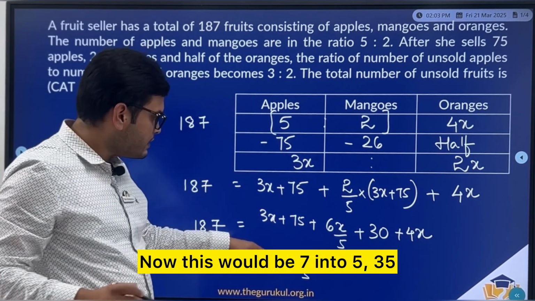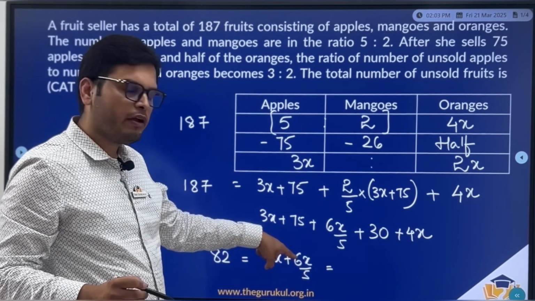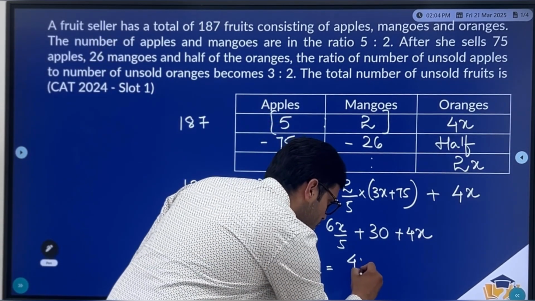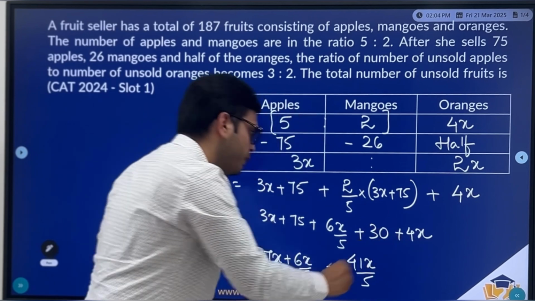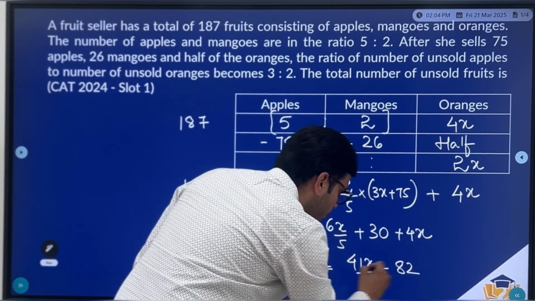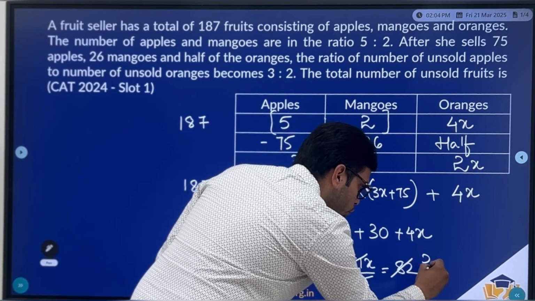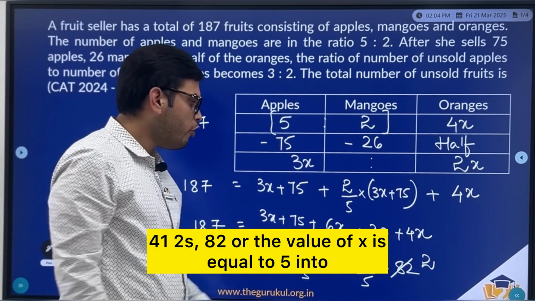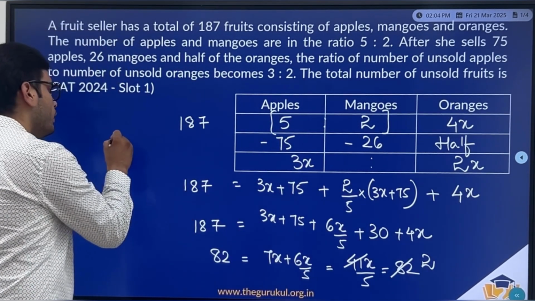Now this would be 7 into 5, 35, 35 plus 6, 41x by 5. And the value of 41x by 5, we got as 82. 41 2s are 82, so the value of x is equal to 5 into 2, 10.